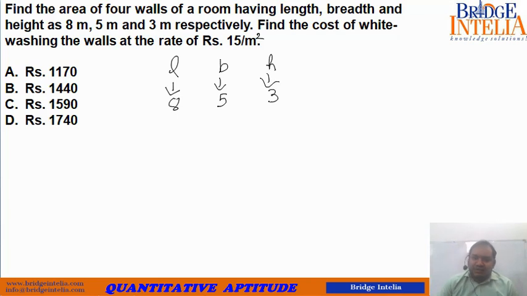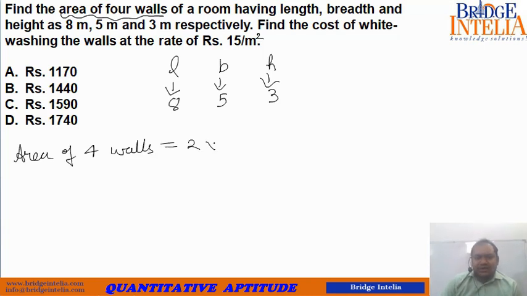So this is given. What will be the area of 4 walls? Area of 4 walls means basically lateral area. So lateral area or area of 4 walls is equal to twice into height into length plus breadth. So let's find that out.